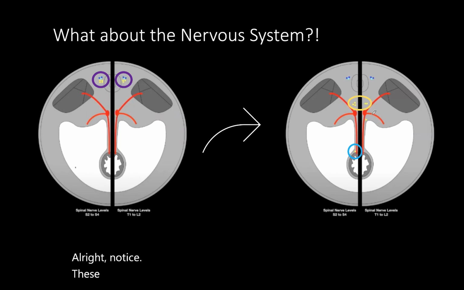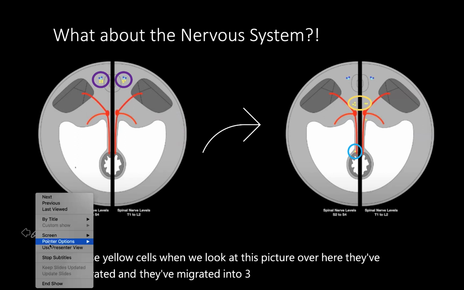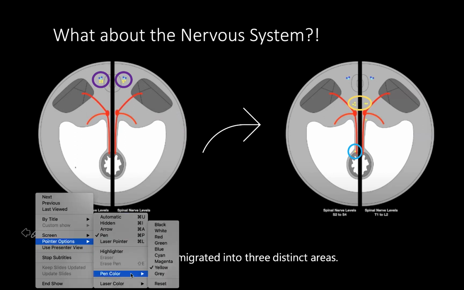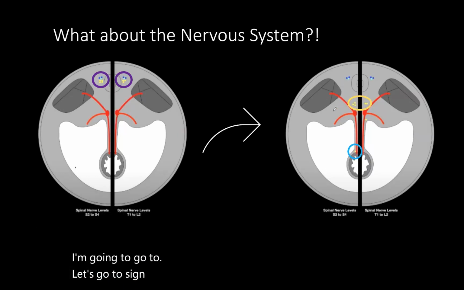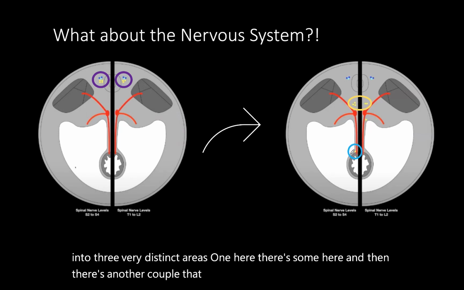When we look at this picture over here, they've migrated into three very distinct areas. One here, some here, and another couple down here.